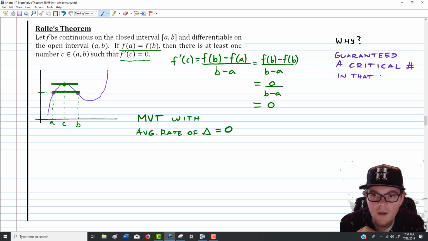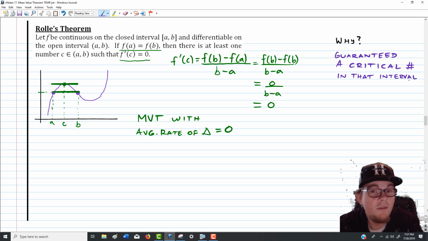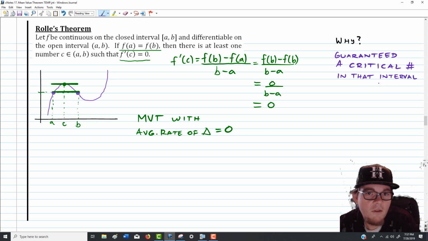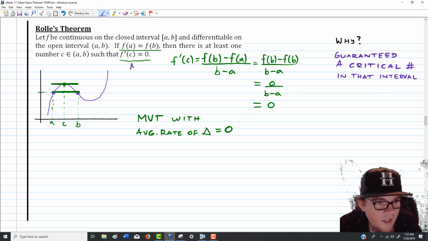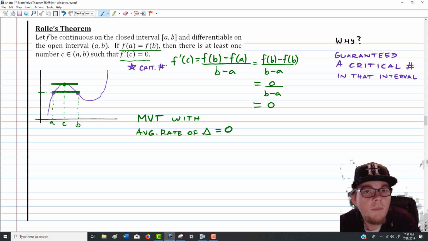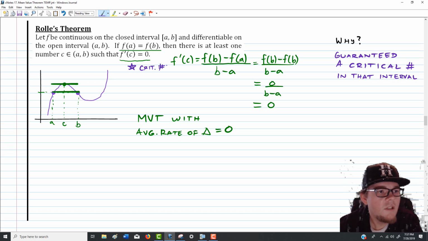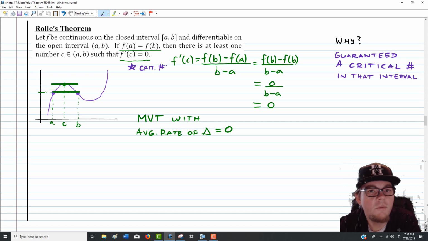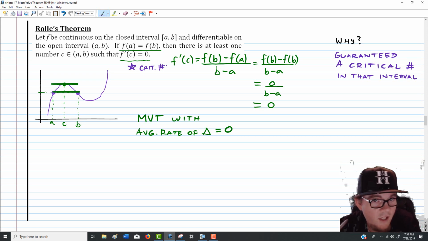So again, it feels a little bit weird, and in my mind, it doesn't seem important enough simply because the mean value theorem's out there, and you could just apply the mean value theorem and get the same thing. But it's that special case of having f prime of c equals 0 and providing a critical number that makes this a theorem that deserves some attention. So it's just a way to find a potential place where we have a relative max or min. Almost like the intermediate value theorem lets us say that there's a 0 between here if we have that sign change behavior.